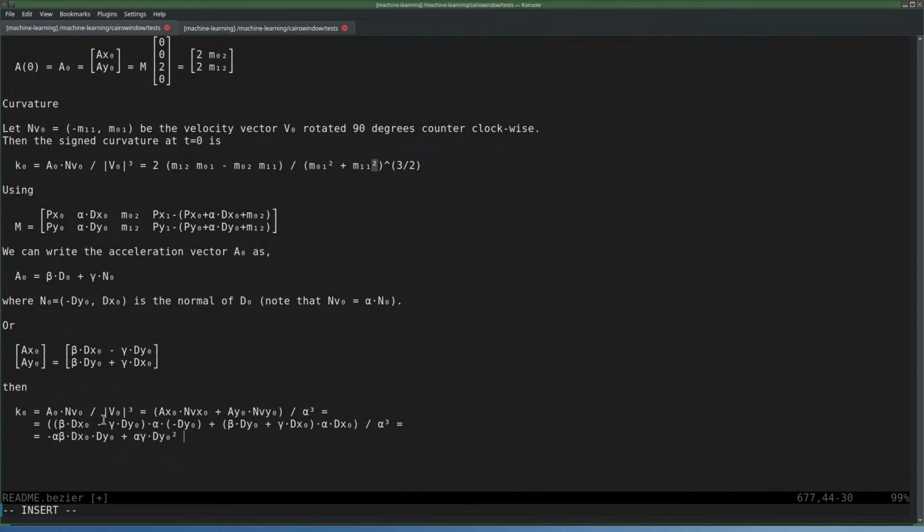So yeah, alpha gamma minus drops out, dy0 squared. Good. Plus alpha beta dx0 dy0, I'm deliberately taking the x first, of course, plus alpha gamma dx0 squared, all divided by gamma of alpha to the power 3.